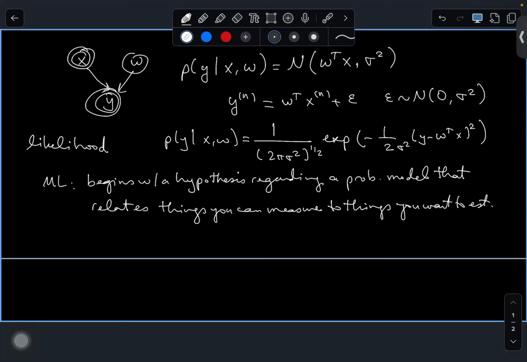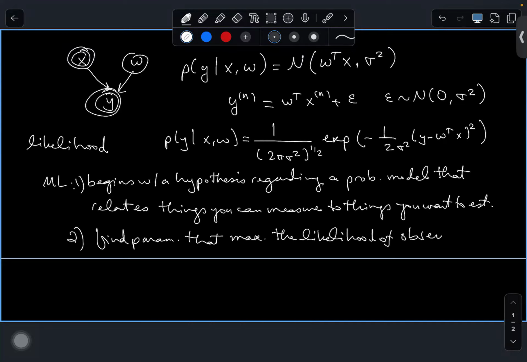And then this is the first step. And then part two of it is you find the parameters that maximize the likelihood of observing what you measured in your data.